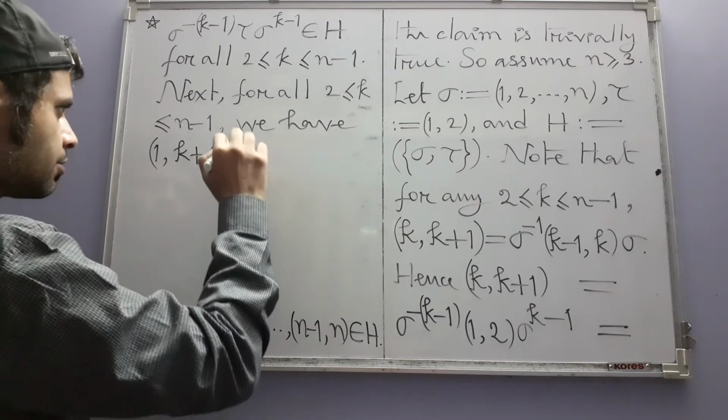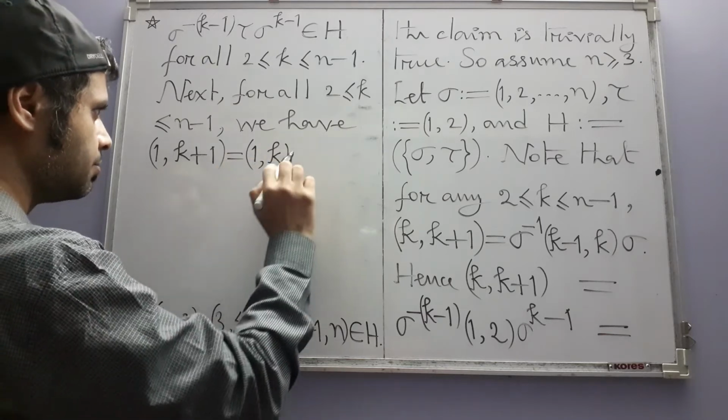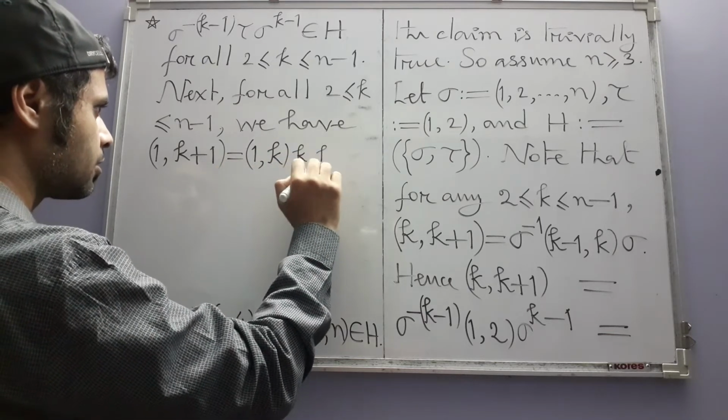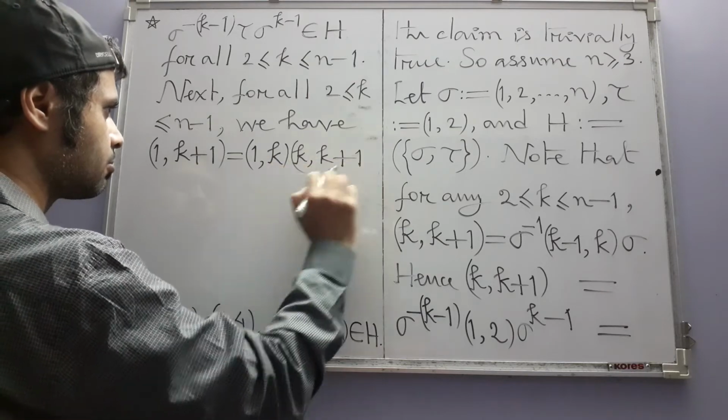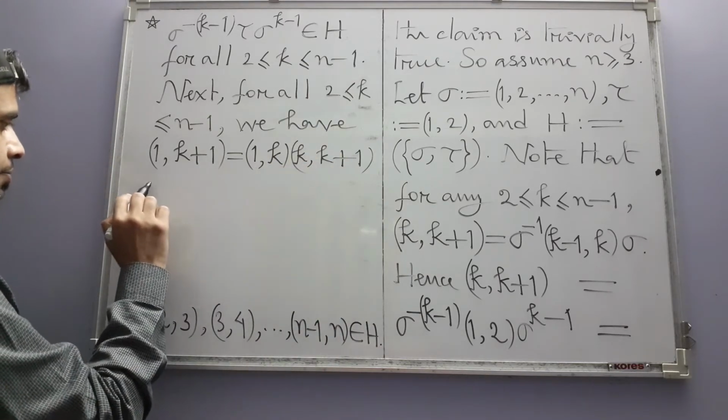This turns out to be equal to (1 k) times (k, k plus 1). Let me continue from here. You understand, it's just a product.